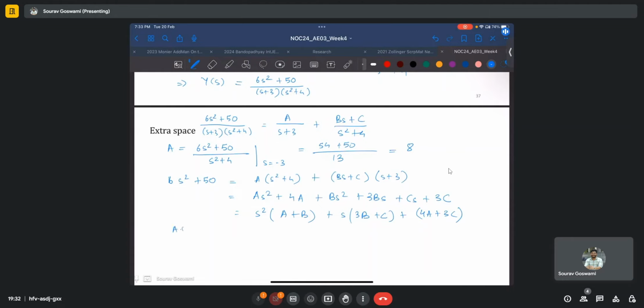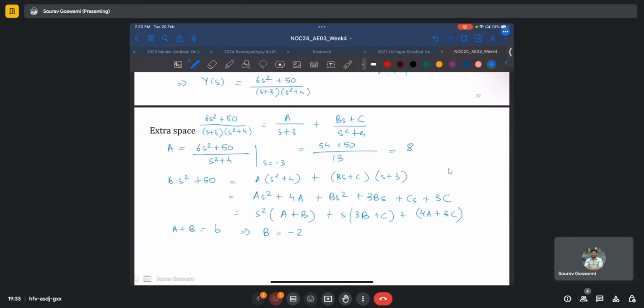Now A plus B equals 0. Sorry, A plus B equals 6. And we already have the value of A as 8. So B must be equal to minus 2.